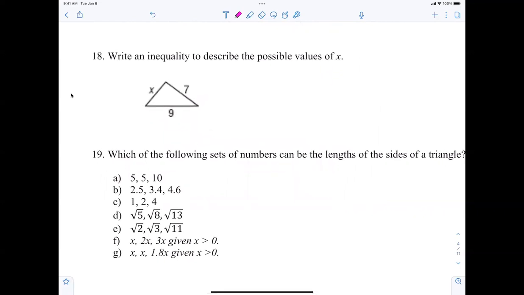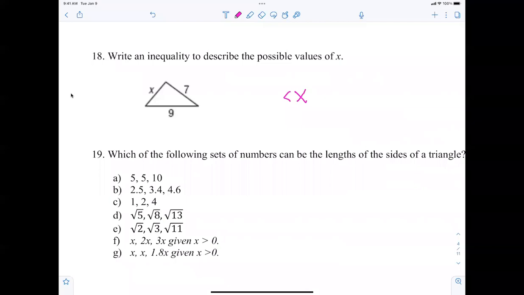All right, now what was the inequality for this? Cooper? Greater than 3. Greater than what? 3. Why 3? Because if it was 2, then you can't really have a triangle. But could it be 2.1? Well, it could be 2.1.